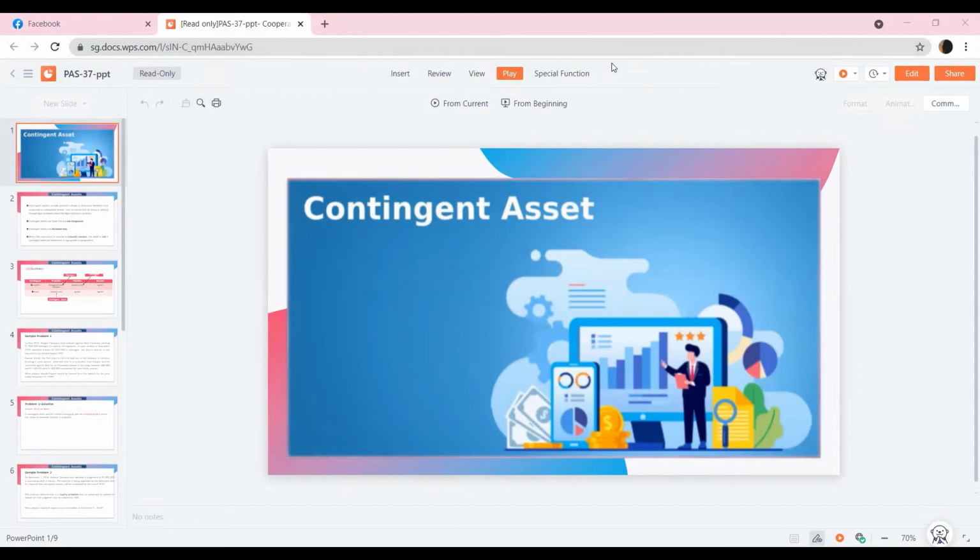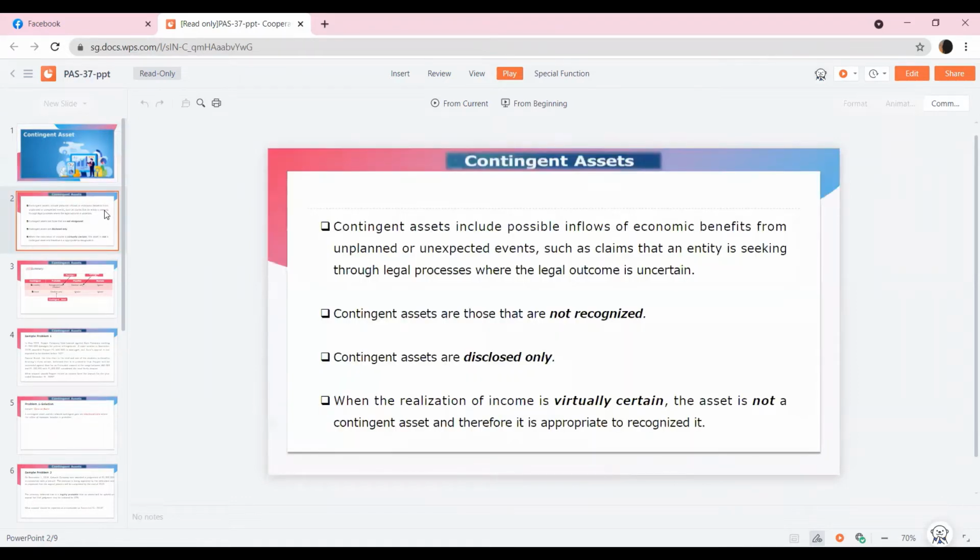So what is a contingent asset? Contingent asset is defined as a possible asset or a possible inflow of economic benefits from unplanned or unexpected events, such as claims that an entity is seeking through legal processes where the legal outcome is uncertain.